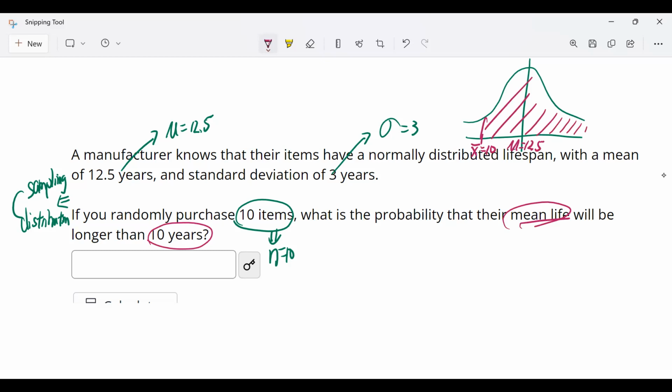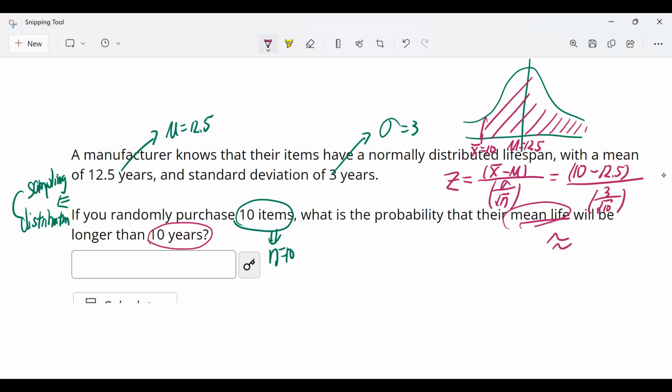So we're going to convert this sample mean using the z-score formula, which is sample mean minus population mean divided by population standard deviation over square root of sample size. So it's going to be 10 minus 12.5 over 3 over square root of 10. Okay, and then we find the z-score first.